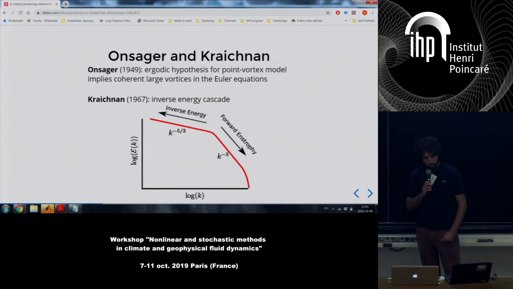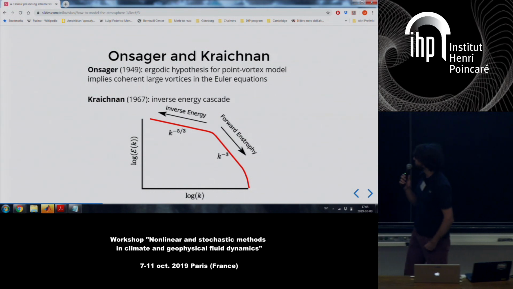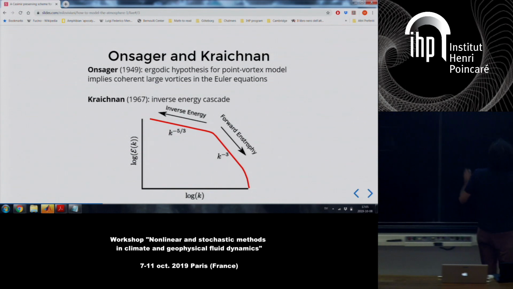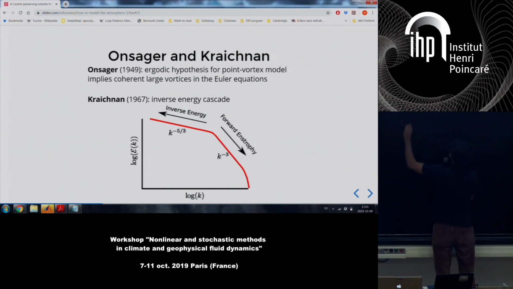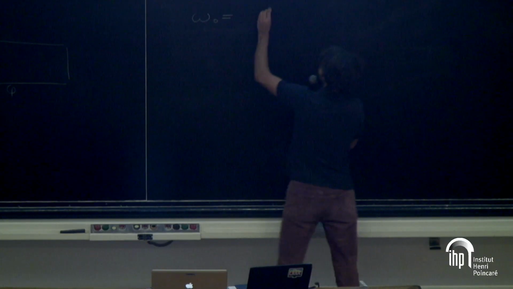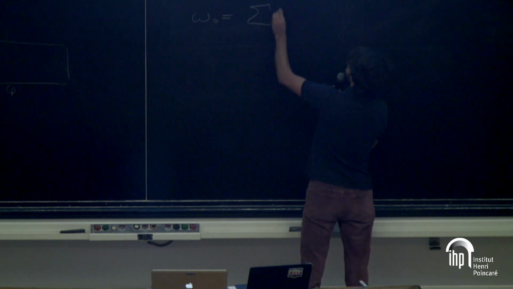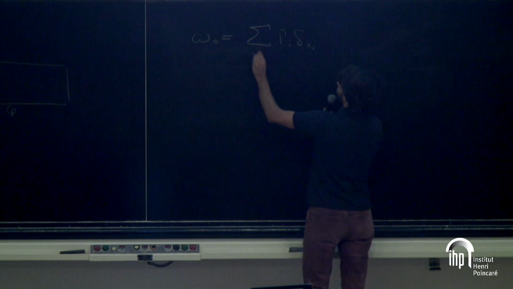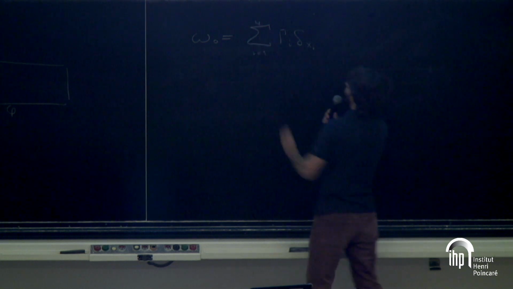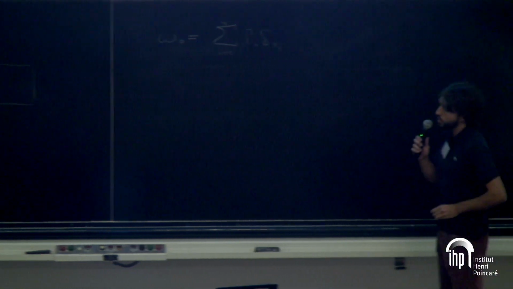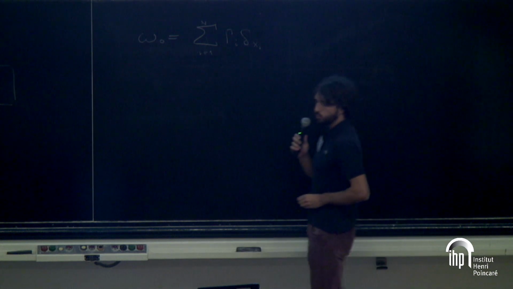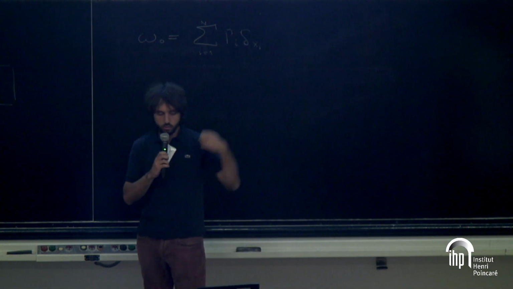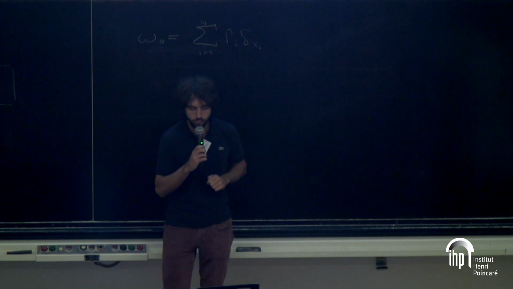And this would imply the formation of the large vortices we have seen. So for those of you who are not familiar with them, point vortex models are special solutions of the 2D Euler equations that are finite linear combinations of Dirac deltas. And these are solutions of the 2D Euler equations. So they are singular poles that move around on your surface.